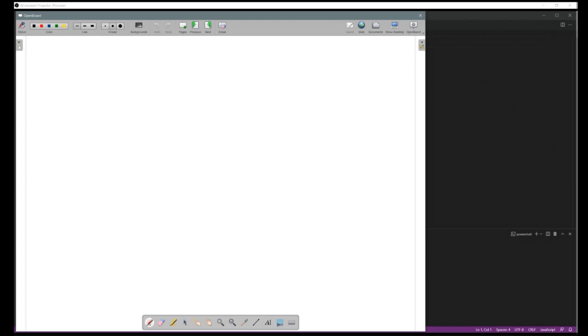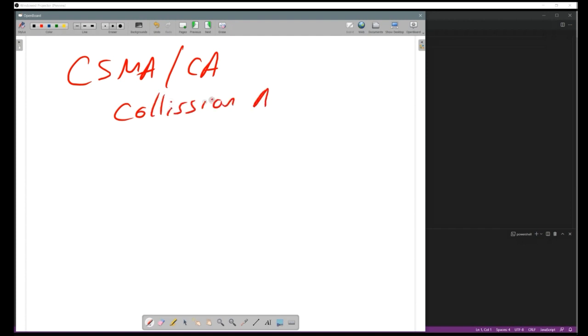Okay, let's see. Finally, there was an upgrade called CSMA CA, for collision avoidance. This upgrade prevented live lock.